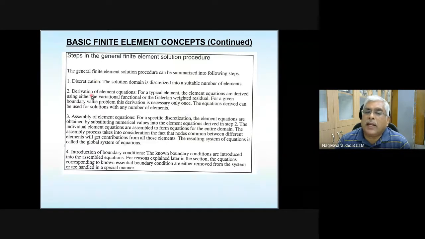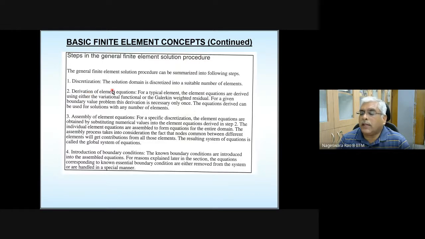The second step is derivation of element equations. Please make a note of it. You divided the entire domain into a number of elements. Now you go to each element, write the trial solution, and then get all the quantities.